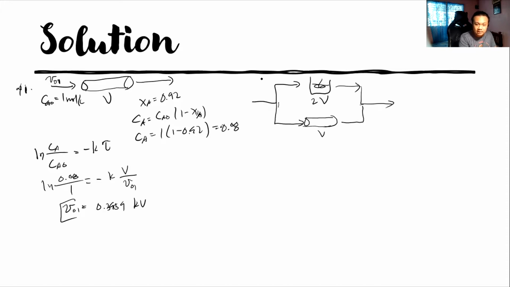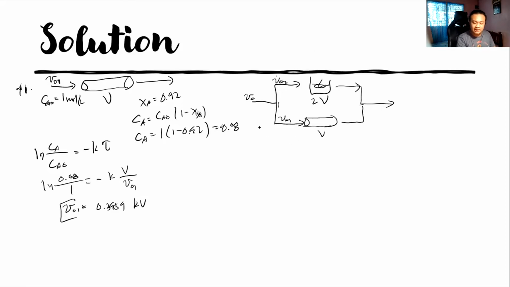And then let's name this VO2. And we know VO1 already. And let's name the overall volumetric flow rate as VO. Because it will split. So VO is just the sum of VO2 and VO1.